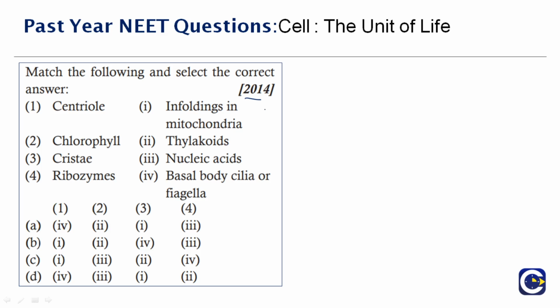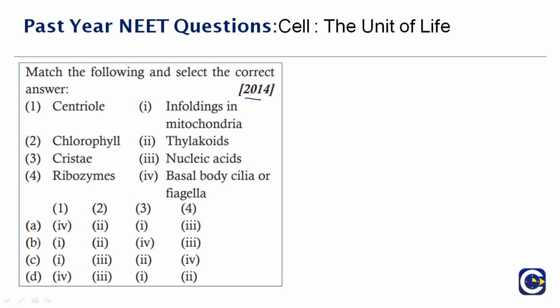Now if you see this match the following, you have 4 terms to your left and 4 terms to your right. Now, what do you mean by centriole, chlorophyll, cristae, ribosomes? I think it should be easy for you.